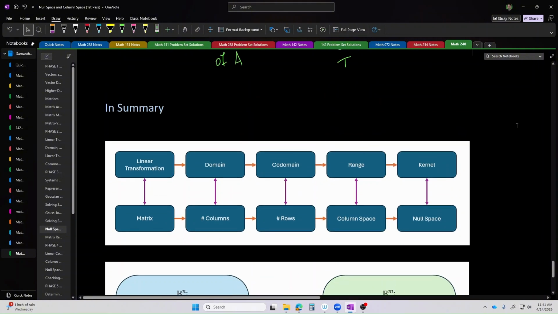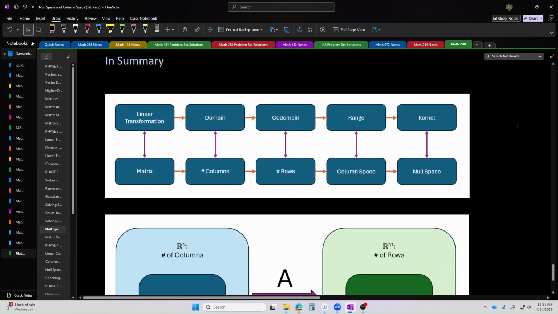So just to summarize that, and to summarize some of the other results that we have achieved through this video, we have this idea of a linear transformation, which can be represented as a matrix. And a matrix can also be understood as a linear transformation of vectors. So these two concepts are interchangeable. The domain of a linear transformation, the kinds of vectors that can go into a linear transformation, corresponds to the number of columns of your matrix.